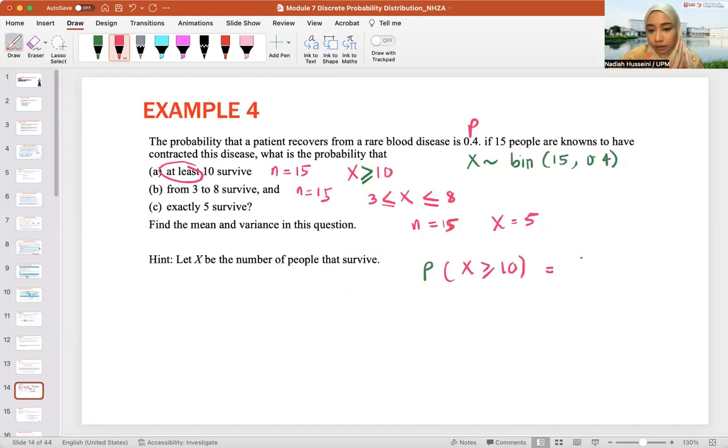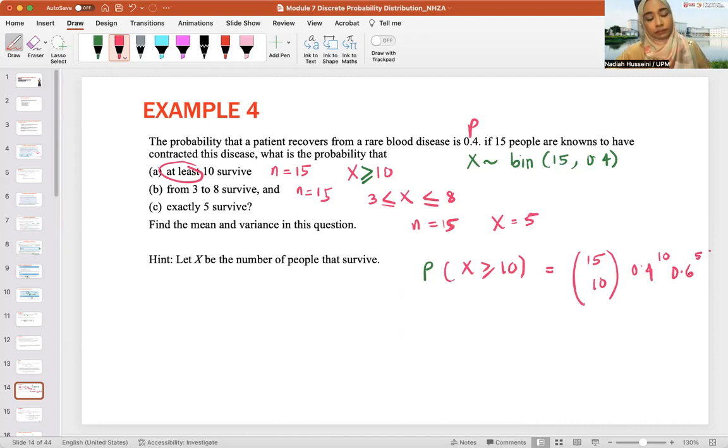So that would be n is 15, choose 10. P is 0.4 to the power of x, where x is 10. 1 minus p, which is 0.6, to the power of n minus x. N is 15, x is 10, so n minus x is 5.